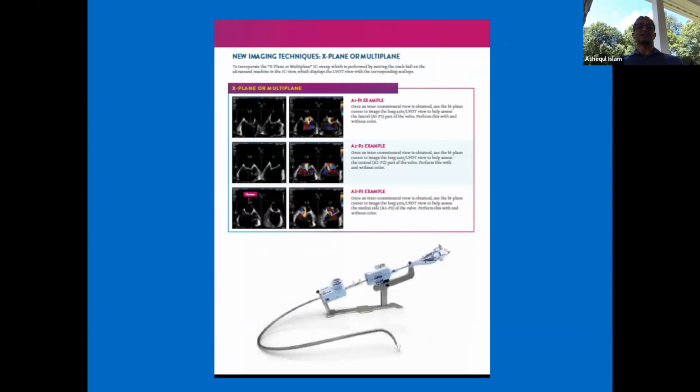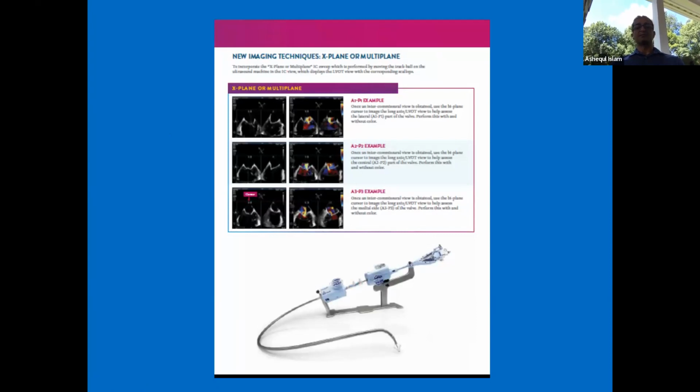It's kind of the repetition of the same concept. When you are doing the X-plane, you can see the valve in two different angles without having to change from one angle to the other. You can see both angles and both color Doppler studies on the same screen.